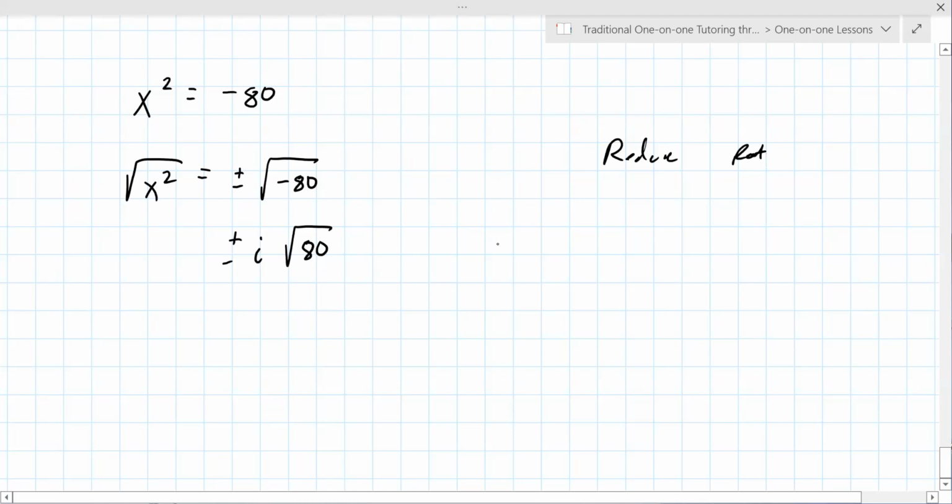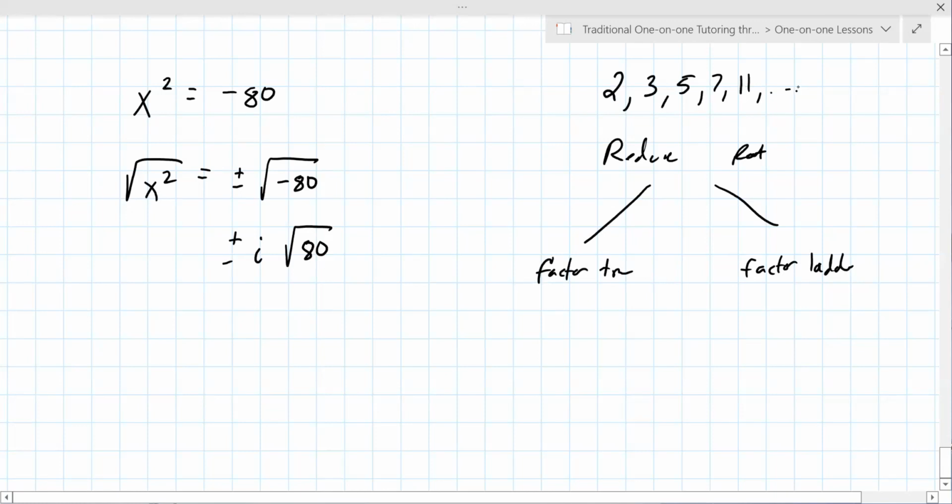So you start, there's 2 choices. There's either a factor tree or there's a factor ladder. They're basically the same, but does one of those stand out to you? Factor tree. Okay, so you start with the lowest prime number, which is 2, 3, 5, 7. Probably don't have to get much larger than this, but it's good to know your prime numbers.